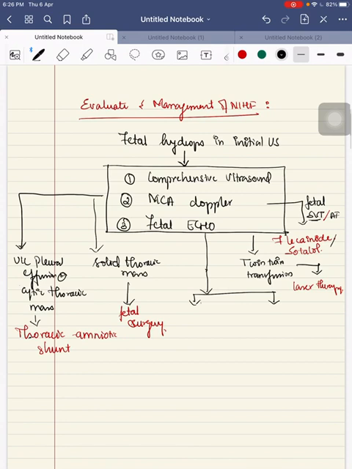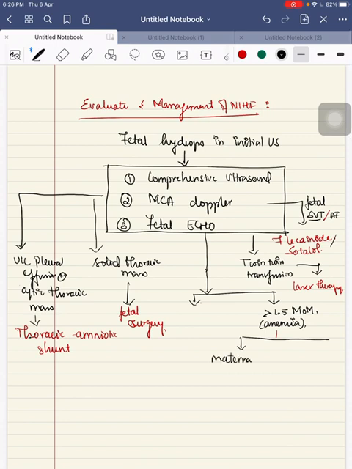Then you do an MCA Doppler. In MCA Doppler, if it is more than 1.5 multiples of median, that is peak systolic velocity is more than 1.5 times, it indicates fetal anemia. Then you have to look for the cause of anemia.